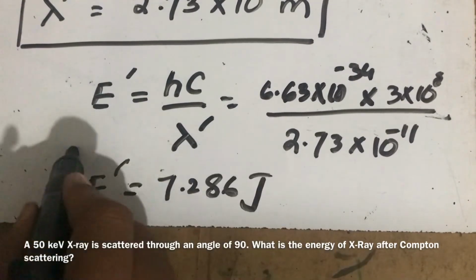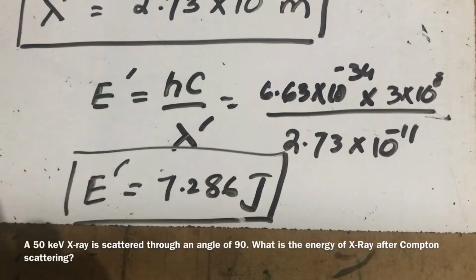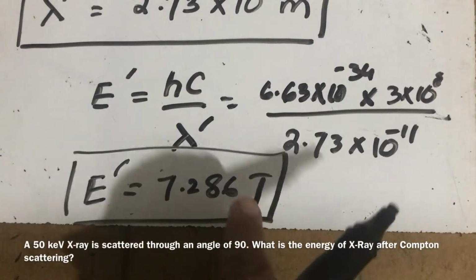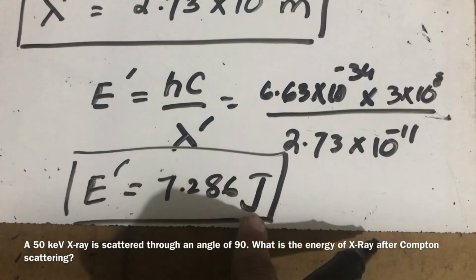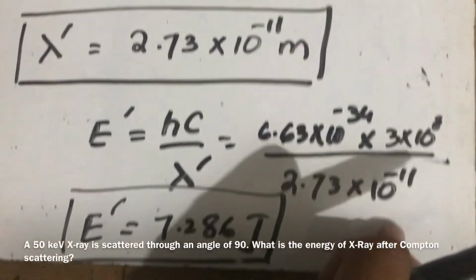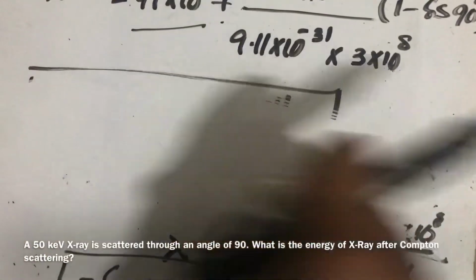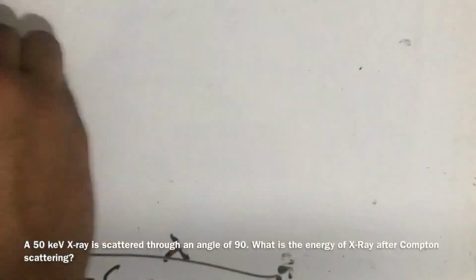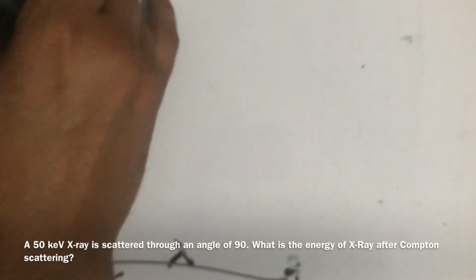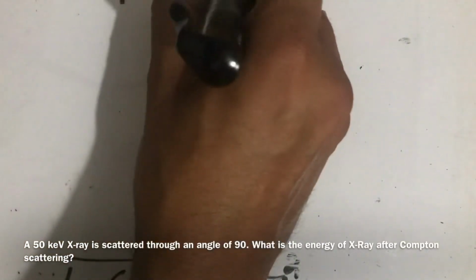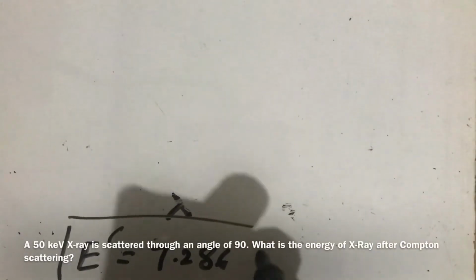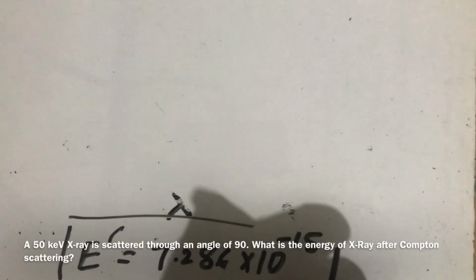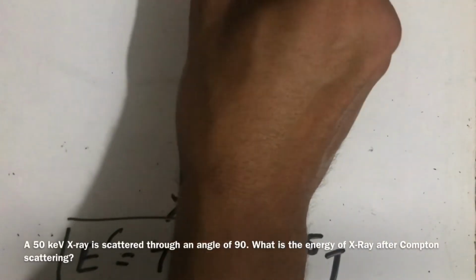We will get E prime equal to 7.286 × 10^-15 joule. But now we have to convert joule into electron volt, because this answer will not be considered in joule. So E prime is 7.286 × 10^-15 joule.